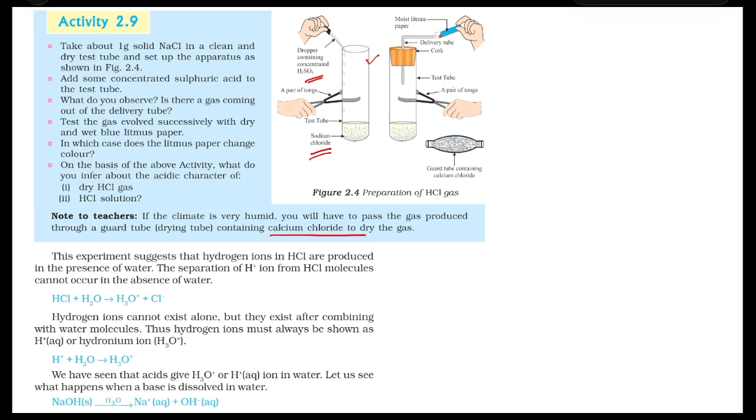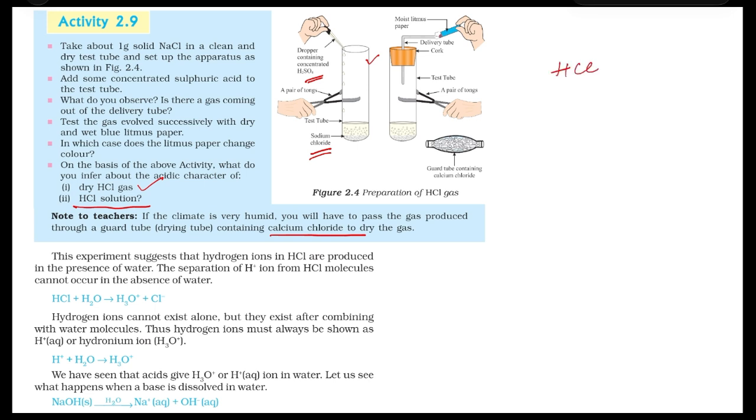Now the dry HCl gas will cause no change in the color of the blue litmus paper, whereas HCl solution or moist HCl will cause the color of the litmus paper to change from blue to red. What is the reason?